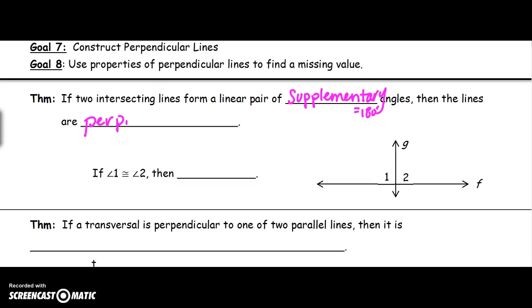If angle 1 is congruent to angle 2, then they are perpendicular, and that upside down T is the symbol for perpendicular. It also means that line G is perpendicular to F. So if 1 and 2 are congruent, they must both be 90 degrees, therefore they are perpendicular.